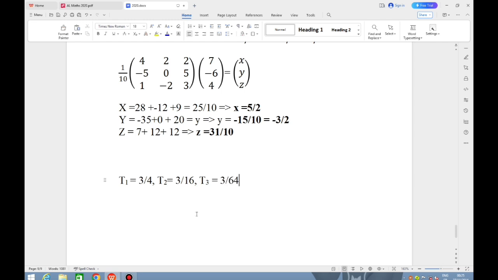So now I need to find the common ratio here. The common ratio is simply T2 divided by T1, which should equal T3 divided by T2.